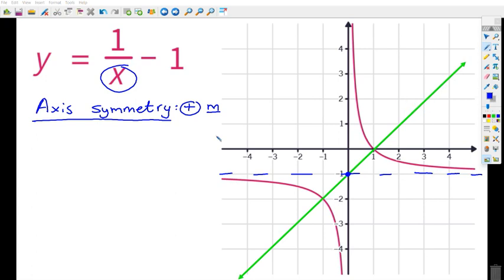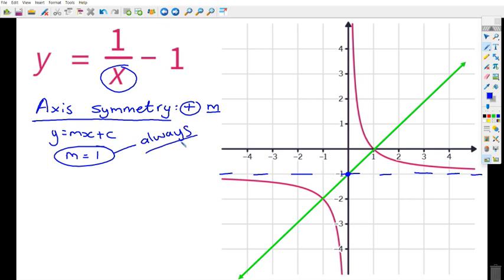But that's also a straight line, so I start with my y equals mx plus c to find the equation. If they say positive gradient, then we know that the m is always going to be +1. Always. And my c value for any straight line is also the y-intercept, always.